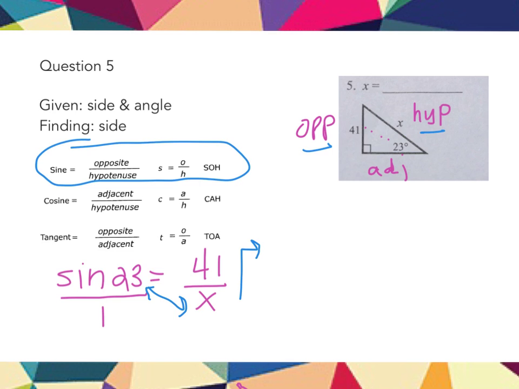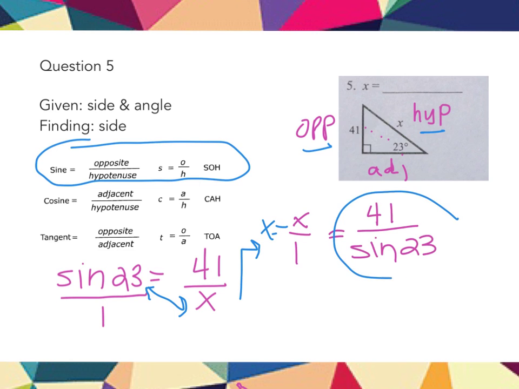So when I rewrite this, I could say this proportion is still true if I write it as x over 1 equals 41 divided by the sine of 23. All right, so x over 1, that's the same as just saying x.